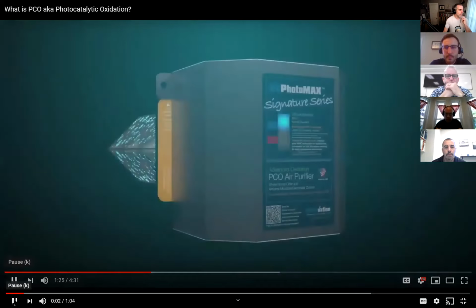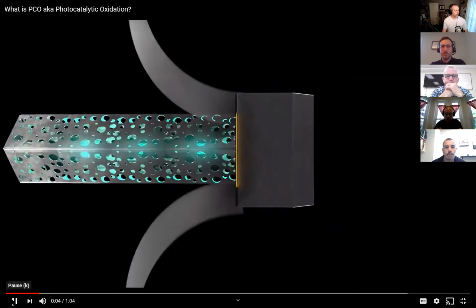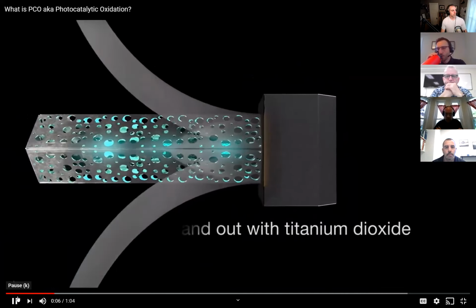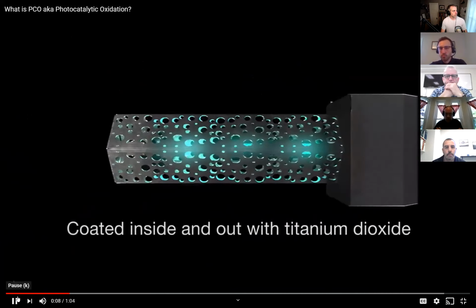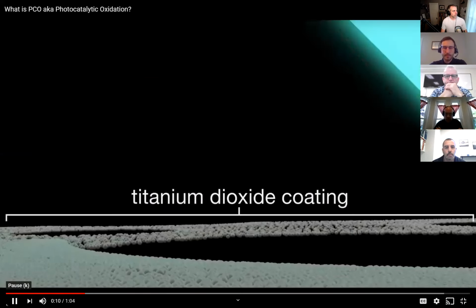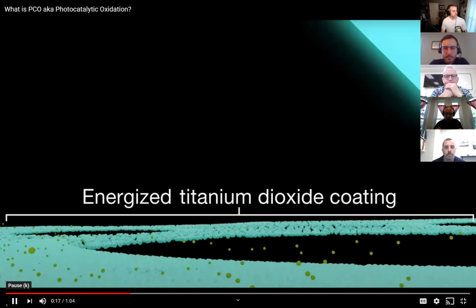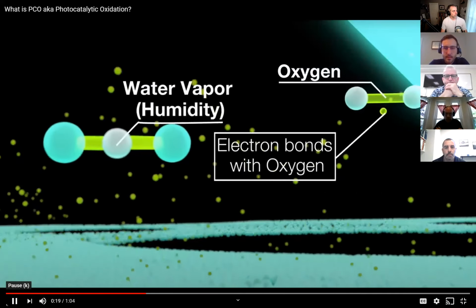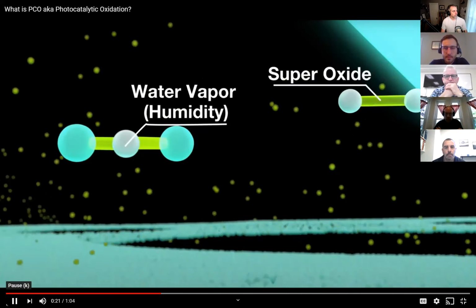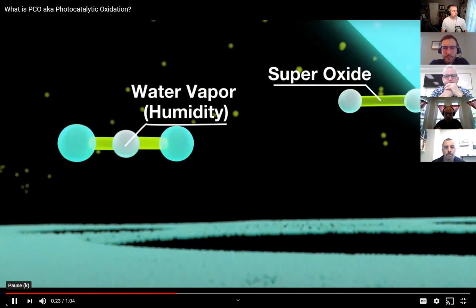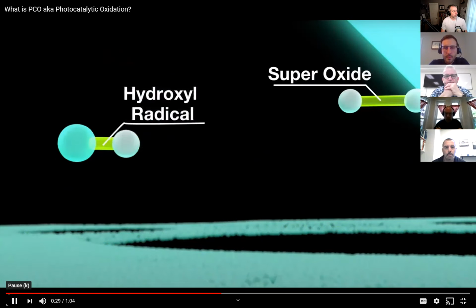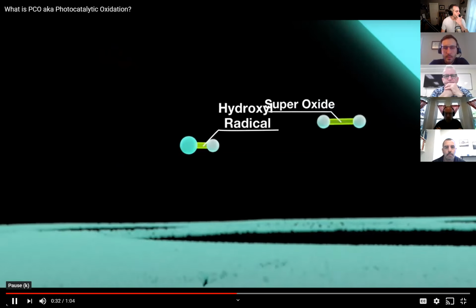Here's how it works. The UV Photomix Advanced Oxidation Module is coated with an exclusive titanium dioxide formulation. When UV light is applied to the surface, the titanium dioxide coating becomes energized, causing it to release electrons. The electrons then combine with oxygen to create what are known as superoxides. The titanium dioxide then collects replacement electrons from moisture in the air to become charged particles known as hydroxyl radicals.